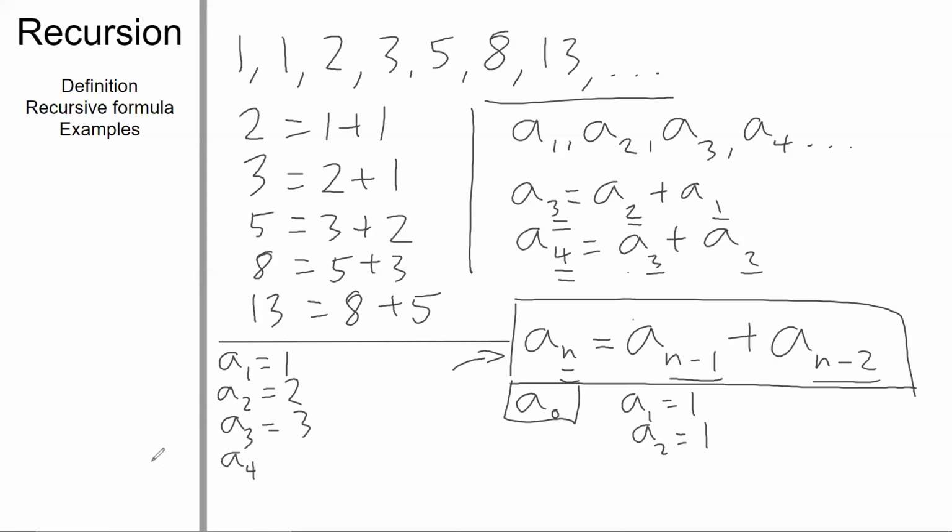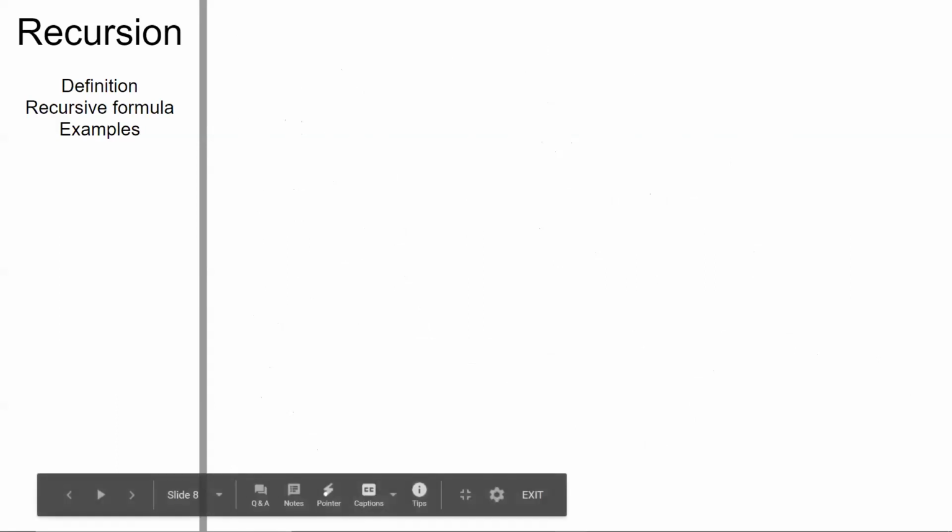A4, oh wait, no, that wouldn't give a completely different sequence. Well, it would be shifted over, but it equals 2 plus 3 equals 5, and so on. So we see that here our third term is 3, but here our fourth term is 3. If everyone is okay with that, then we're going to do another example.